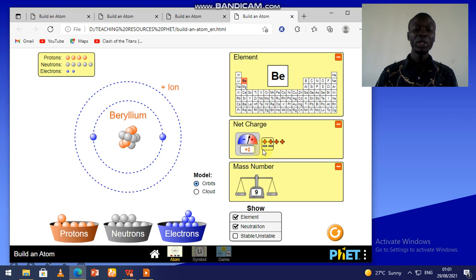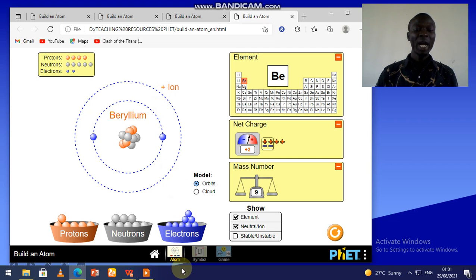But we have only 2 negative charges corresponding to the 2 electrons remaining in the energy levels. So we have 1 and 2. And so, because the number of positive charges is more than the number of negative charges by 2, the atom is now not neutral. It is now called an ion, and not only an ion, but a positively charged ion.